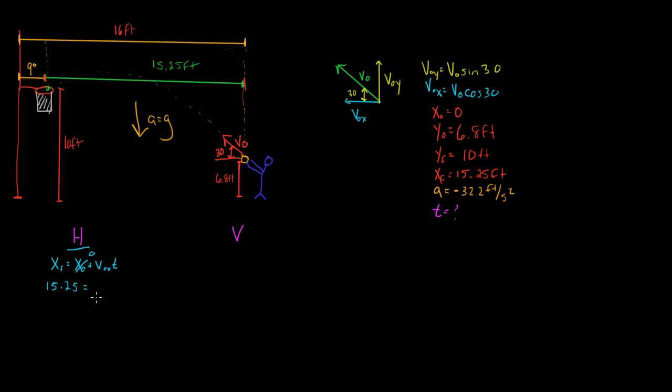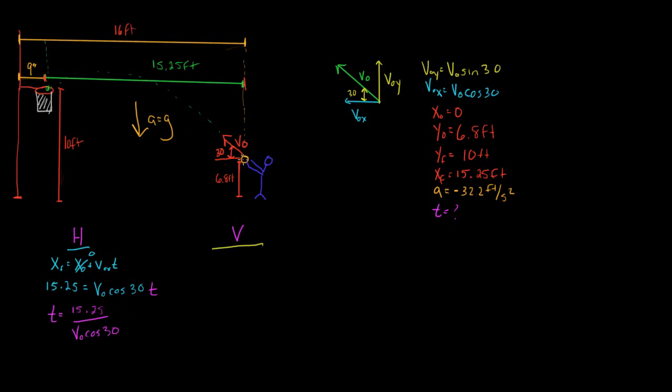Our v naught x is equal to v naught times the cosine of 30, and our time is unknown. So we still have t, but we can figure out an expression for t. Our expression for t is 15.25 divided by v naught times the cosine of 30. So now we have an expression for time.